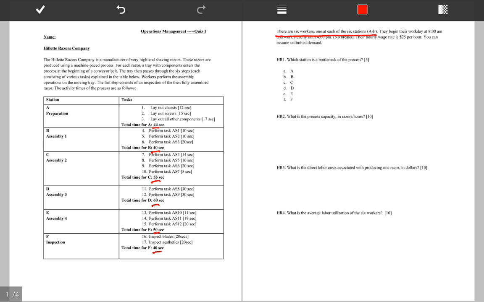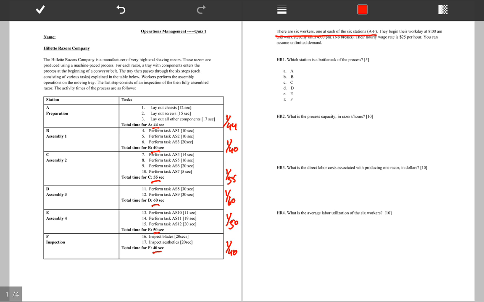That means the capacity is 1 by 44, 1 by 40, 1 by 55, 1 by 60, 1 by 50, 1 by 40. The reason we were able to do that is because there's only 1 worker in each station.